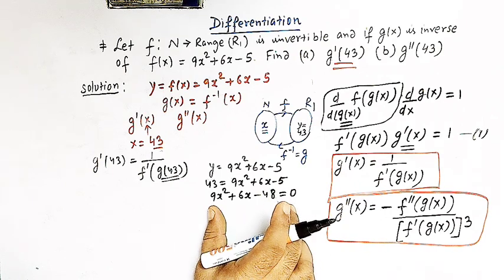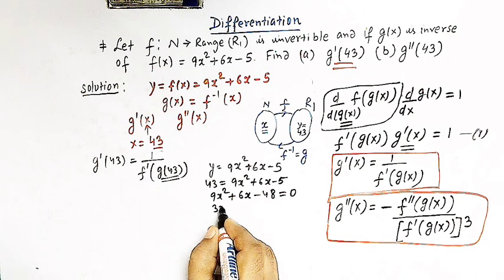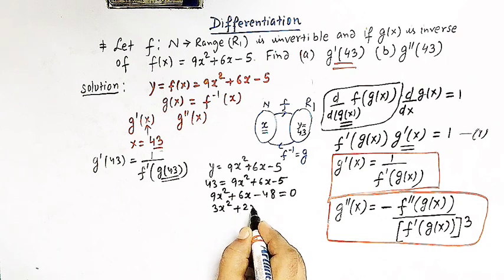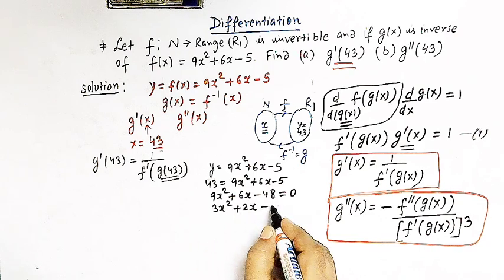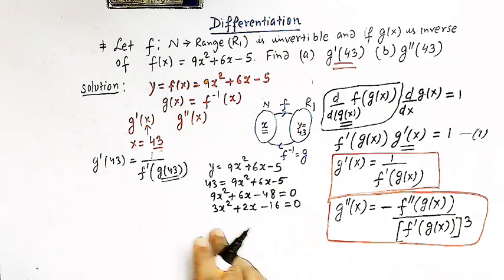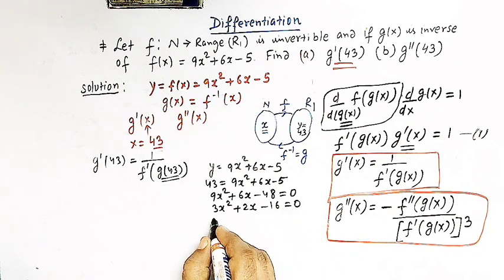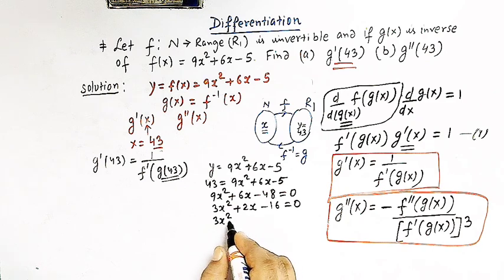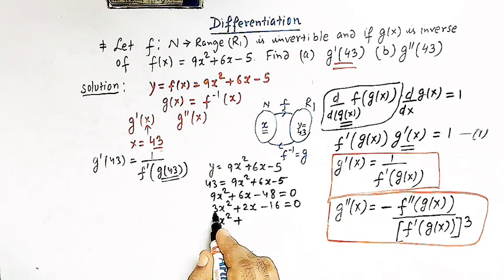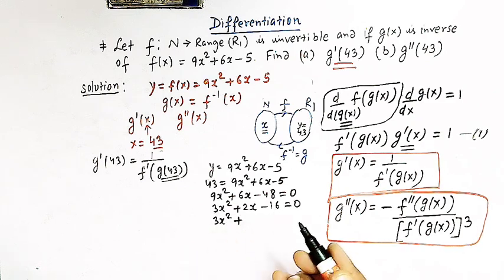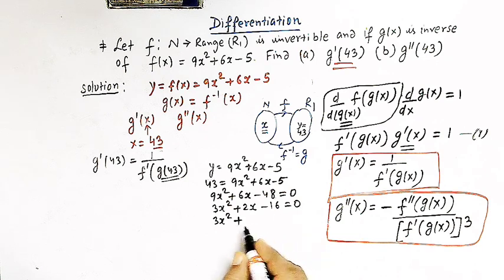And now dividing throughout by 3, we can now write 3x squared plus 2x minus 16. Now splitting the middle term, we can easily solve this equation. So we have 3x squared. Now 3 times minus 16 is minus 48. So we have the two factors as 8 and minus 6.